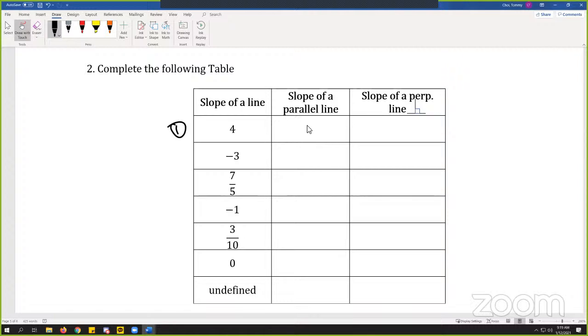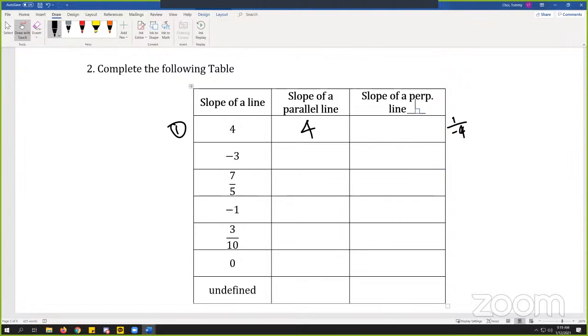No, parallel line. Oh no. Should just be 4. What about the perpendicular line? Let's do -4. So it should be 1 over -4. I'm just going to write out here 1 over -4.